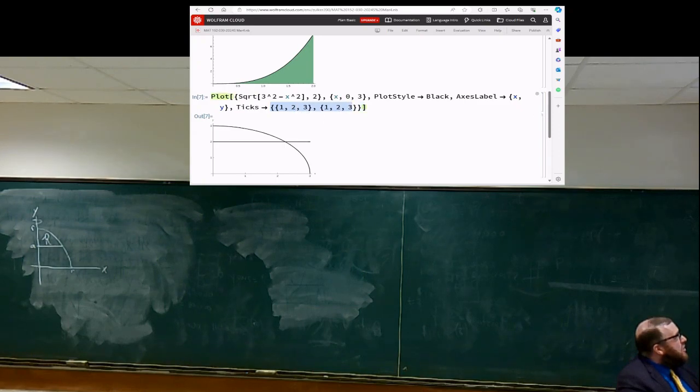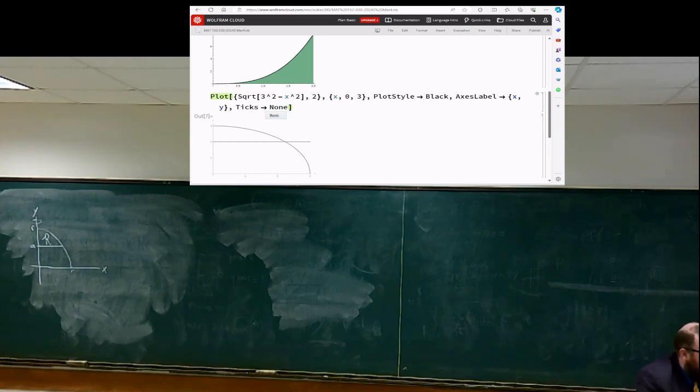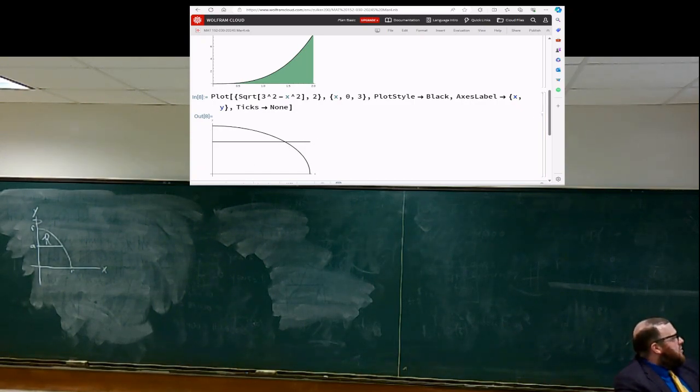Because I want everything to be arbitrary, I'm going to set my ticks to none. Now there are no values. Everything's completely arbitrary. The only problem is you have no way of now putting down, like, this is the line y equals a, this is r and r.